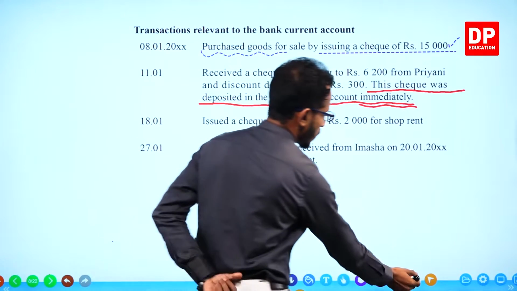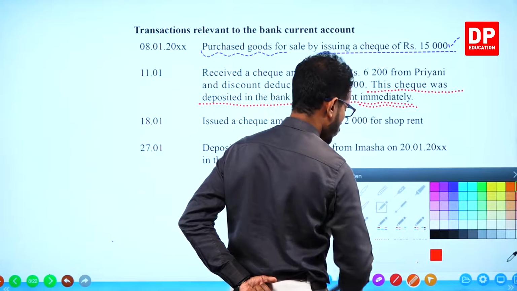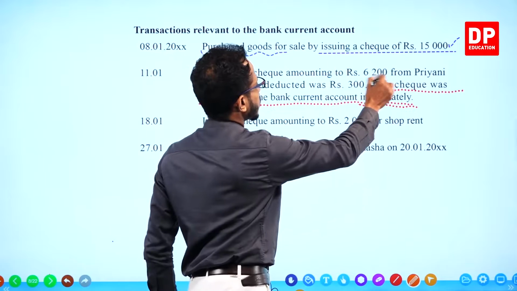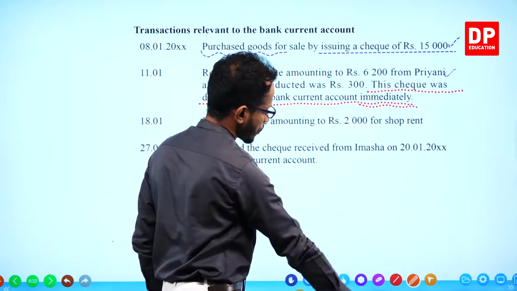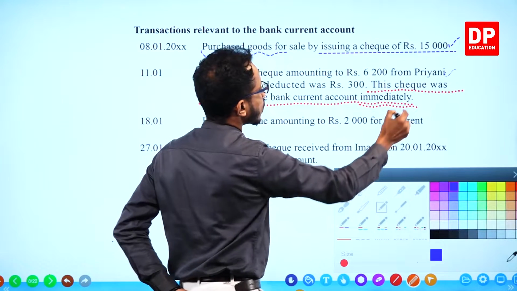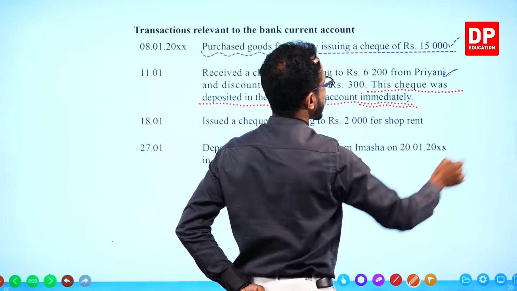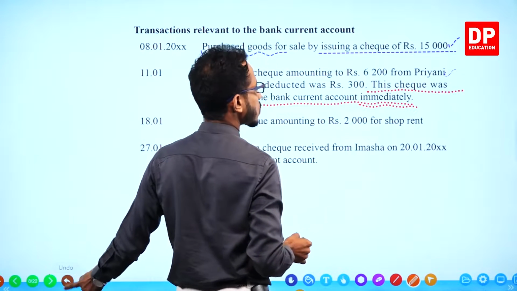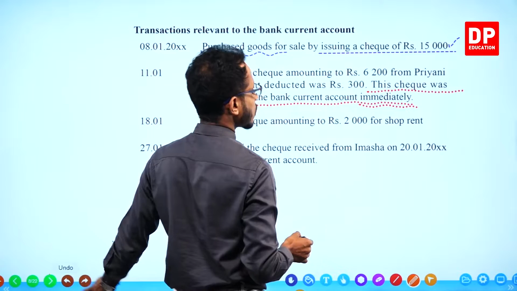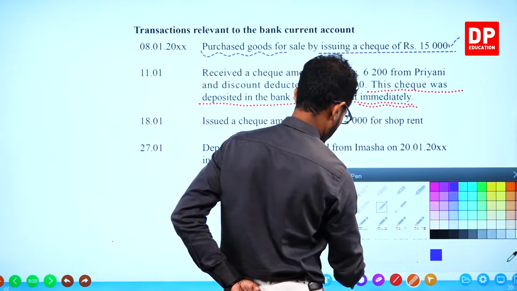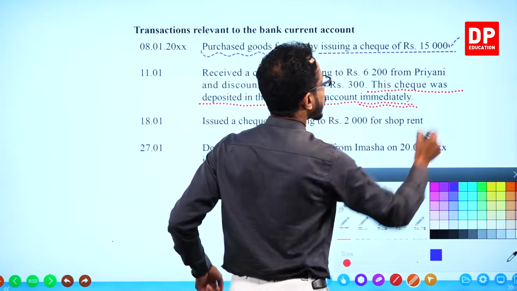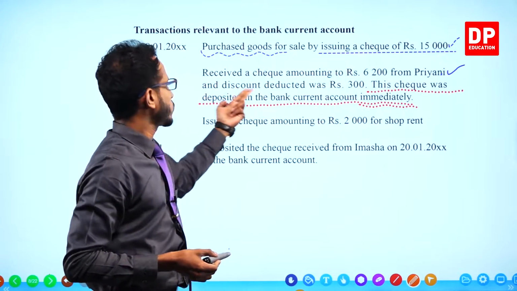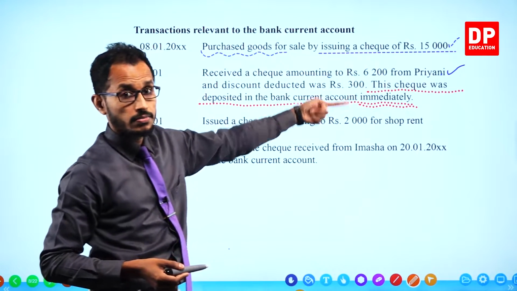Then we should put the check amount to the bank account. 6,200, the check amount from Priyani, but there was a discount deducted, 300.